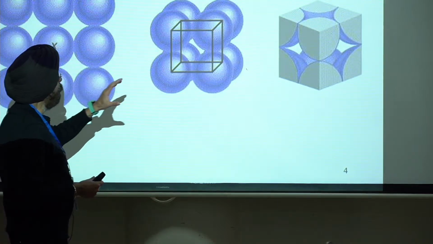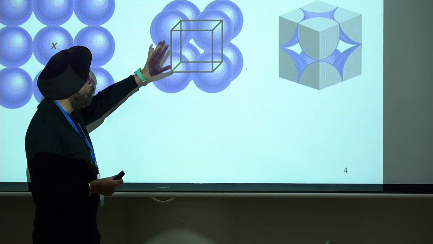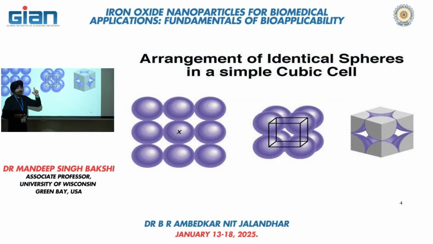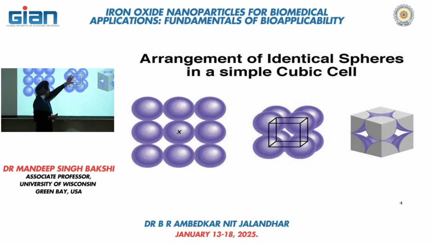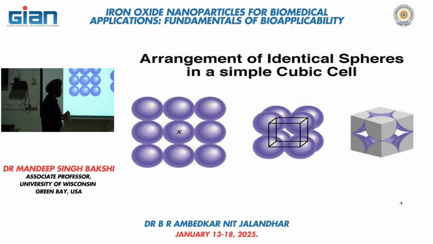Now, if you pick only the 8 atoms, because it is repeating in 3 dimensions exactly in the same way, we are picking the smallest repeating unit. The smallest repeating unit is the eight atoms among any adjoining layers along the x-axis, y-axis, and the z-axis.